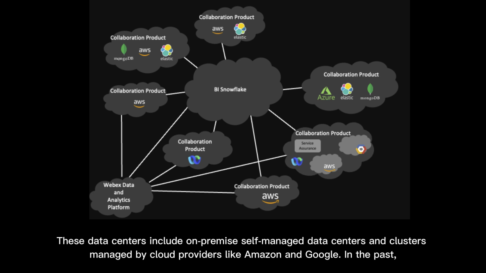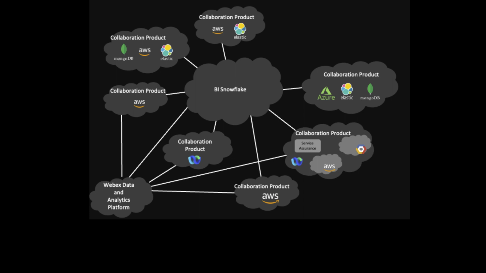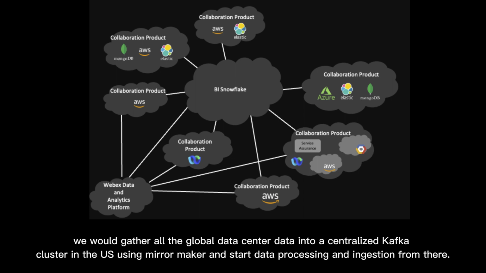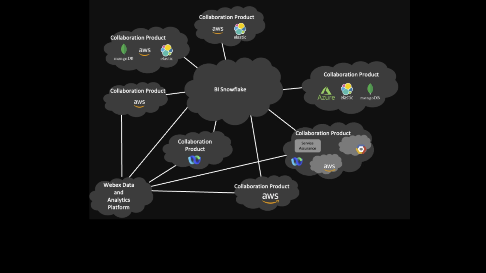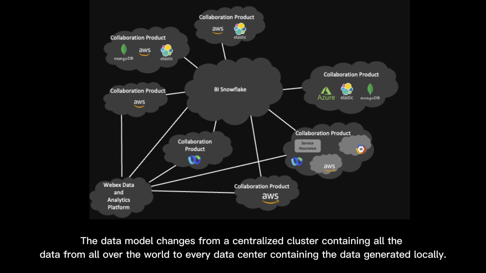In the past, we would gather all the global data center data into a centralized Kafka cluster in the US using Mirror Maker and start data processing and ingestion from there. The data model changes from a centralized cluster containing all the data from all over the world to every data center containing the data generated locally.